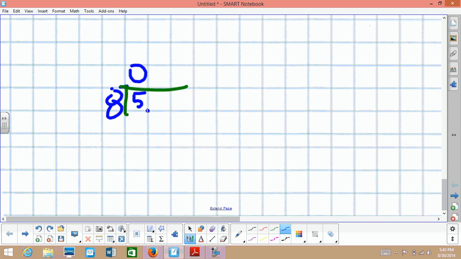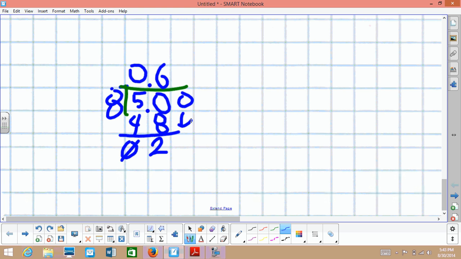Remember that we have to put the decimal first, add a 0, bring the decimal up. 8 goes into 50 6 times. Well, 8 times 5 is 40. 8 times 6 is 48. That is the closest thing that I'll find to 50. That doesn't go over 50. So that gives me 2, and that gives me 0.